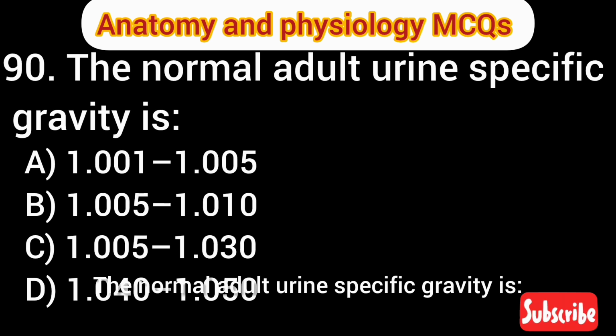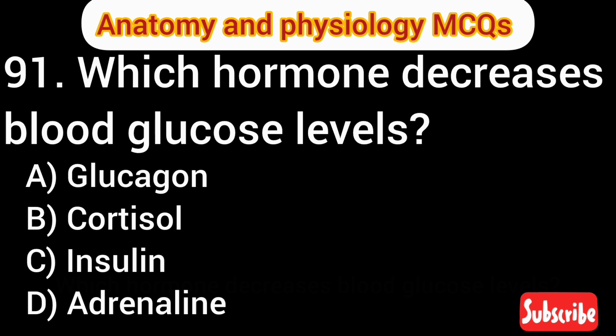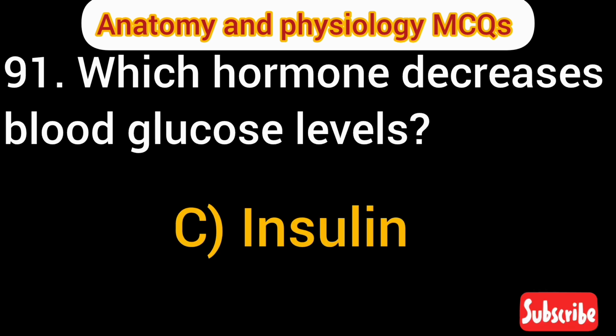The normal adult urine specific gravity is 1.005 to 1.030. Which hormone decreases blood glucose levels? Insulin.